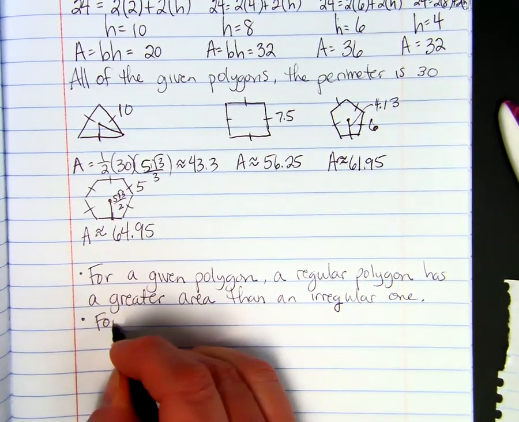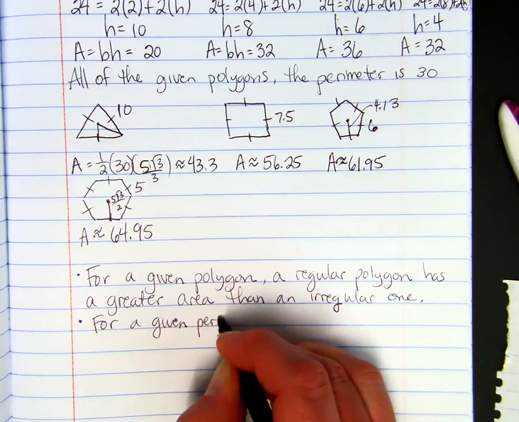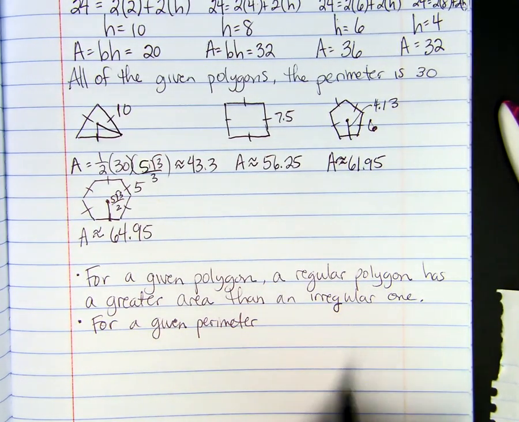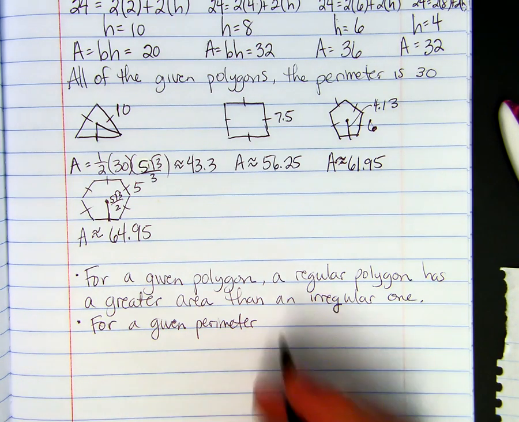For a given perimeter, if you rearrange all the sides, like find the average and then give them all the same length, you'll have a bigger area. You could draw a picture while I'm writing this down.